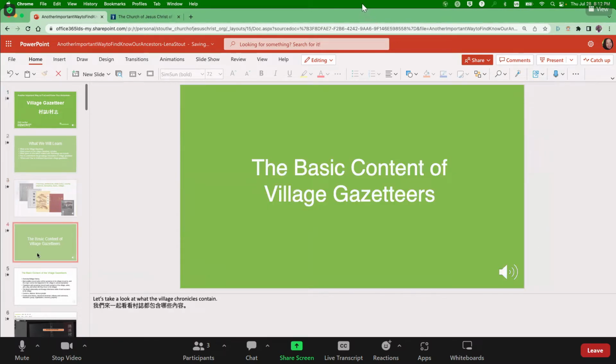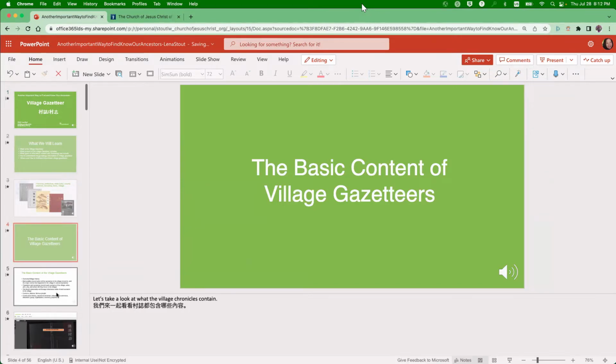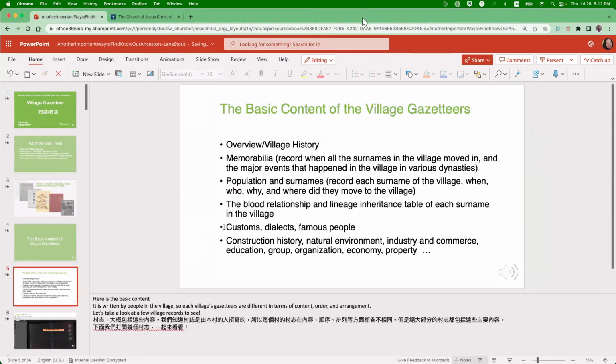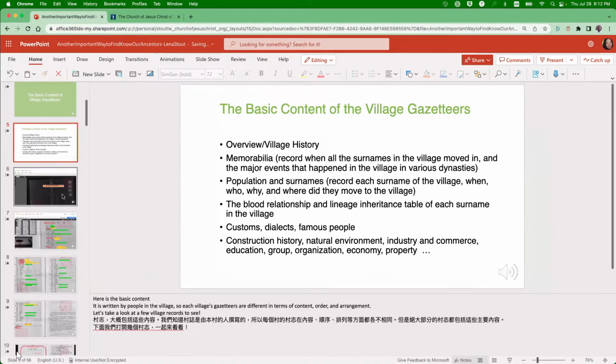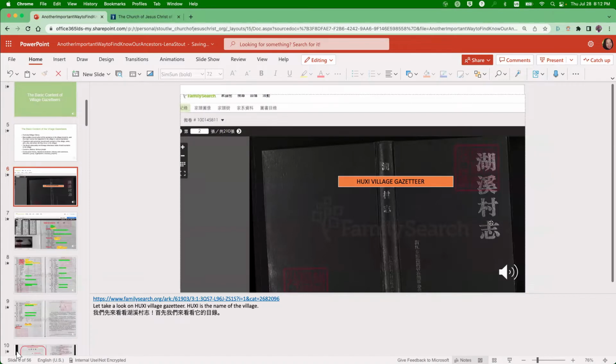The basic contents of the village gazetteer are what you can see on this screen. I will go into more detail a little later. Let's open one of the villages so we can see. This village is called the Huxi Village Gazetteer.